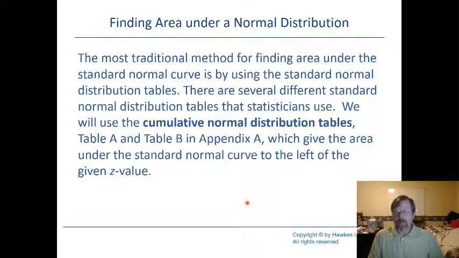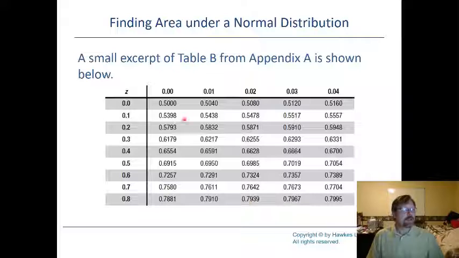So let me go ahead. The value here is the probability that the value is less than 0, less than 0.1. These are written in such a way, so this would be 0.0, 0.1, sorry, 0.01, 0.02. So your first digit is here.